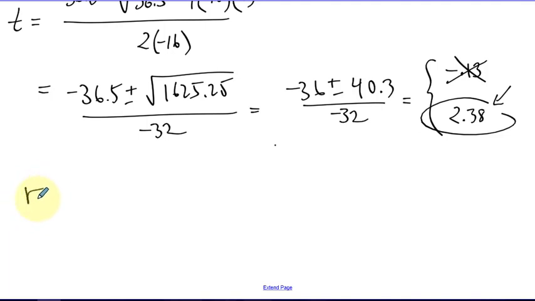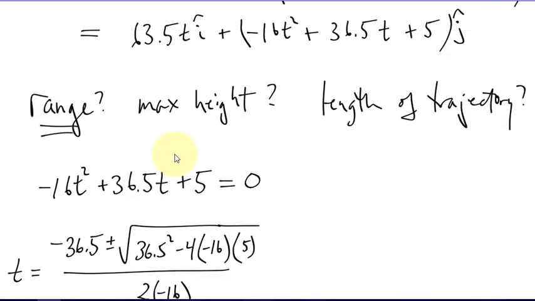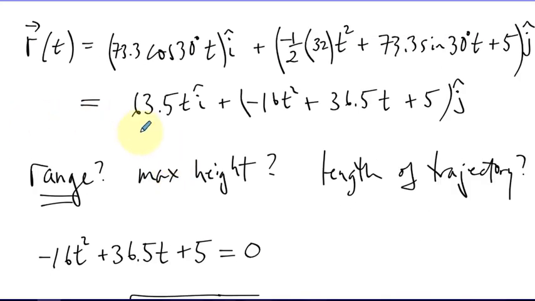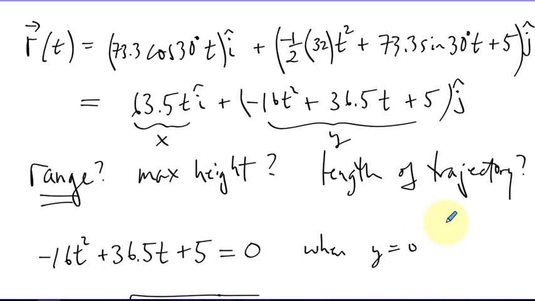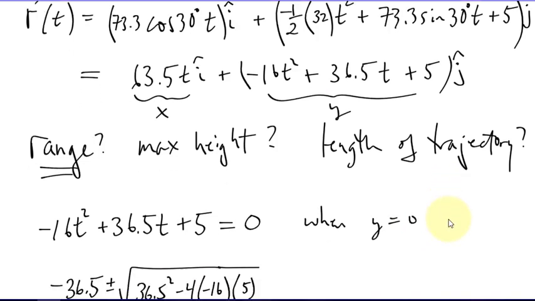So the range is just using the horizontal component of the position, right? So the position function, this is the x component, this is the y component, and we now know the time when the y component is 0, so let's figure out what the horizontal component is at that particular time.